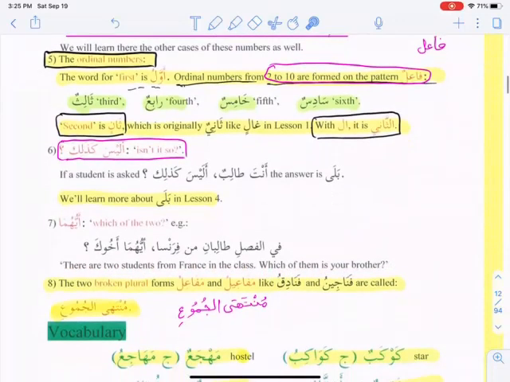Now here, this is just a little bit of the two broken plural forms. They are forms, patterns. Remember I told you, mafa'ilu and mafa'ilu, like fanadiku and fanajinu, are called muntuhal jumui.